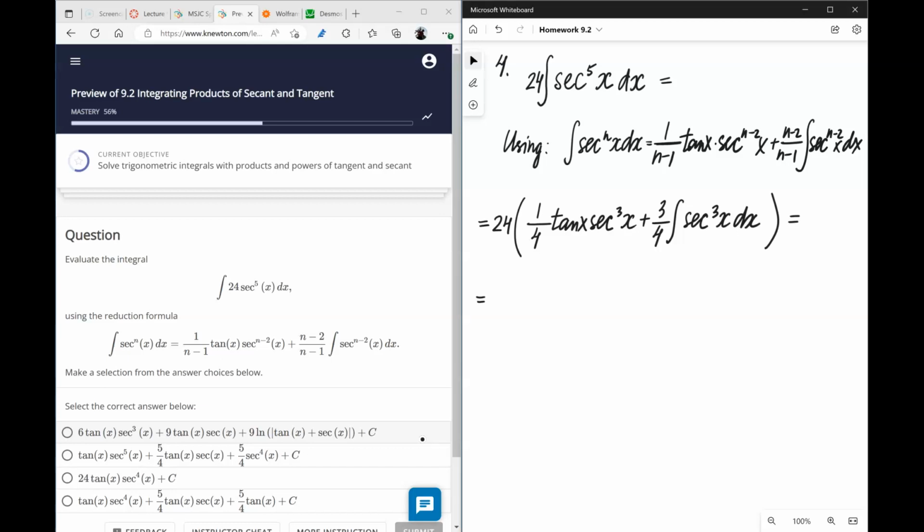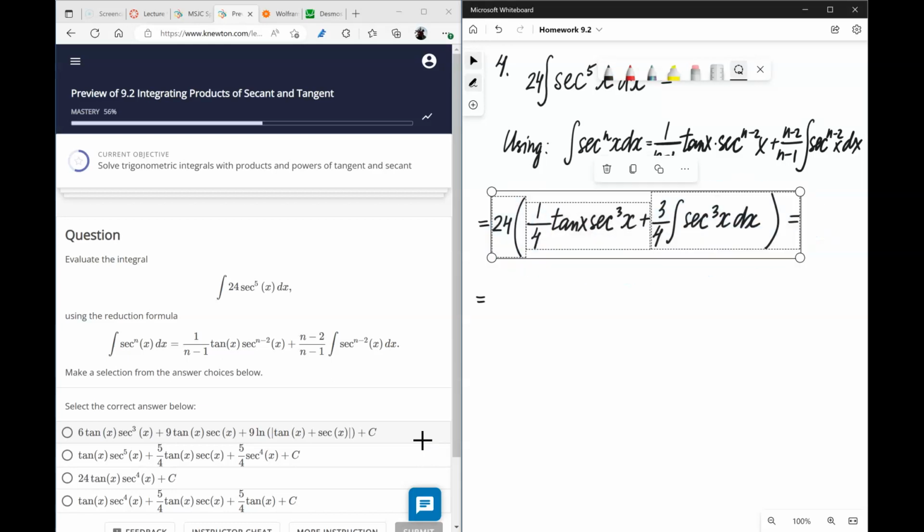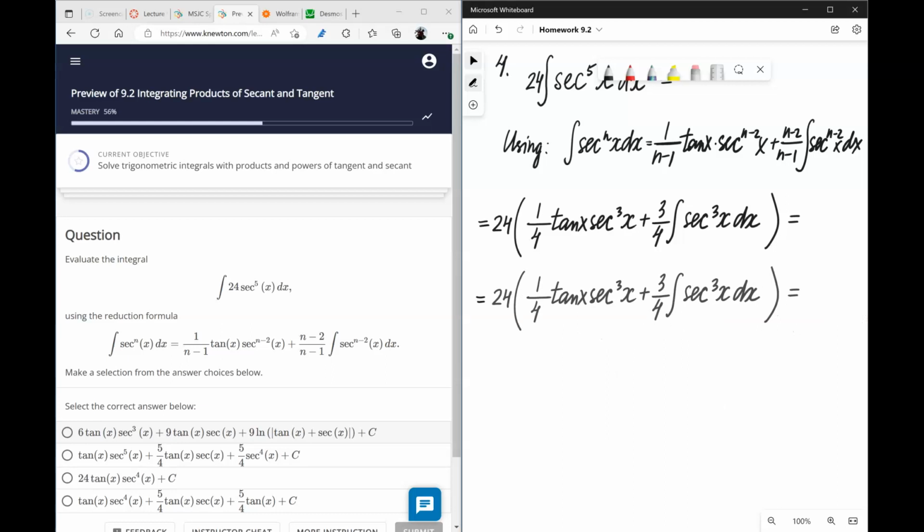But for the integral of secant cube x dx, I'm going to use the power of technology, and instead of rewriting it, I'm just going to copy it. Instead of the integral of secant cube x dx, I'm going to use the recursive formula again.